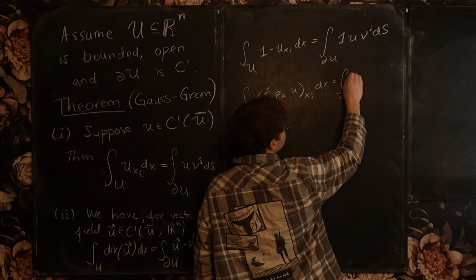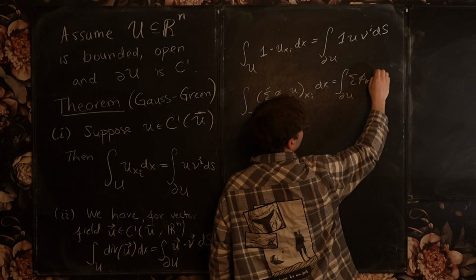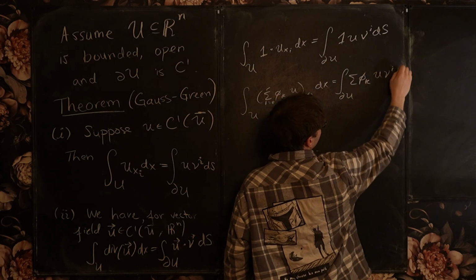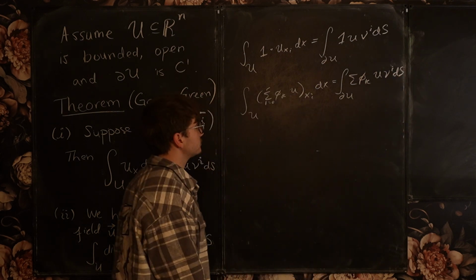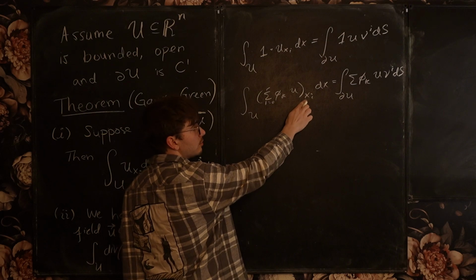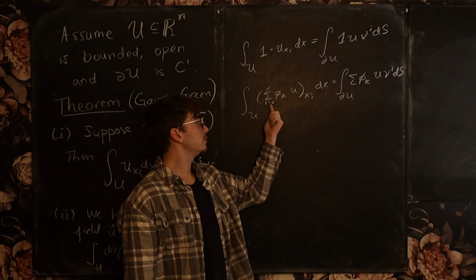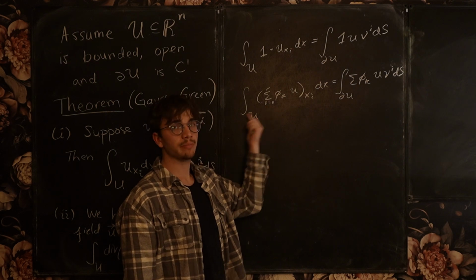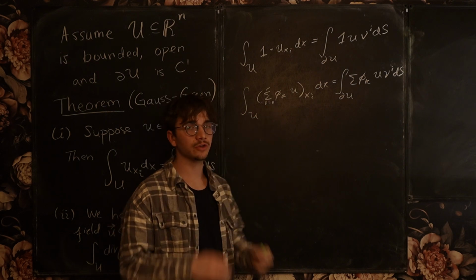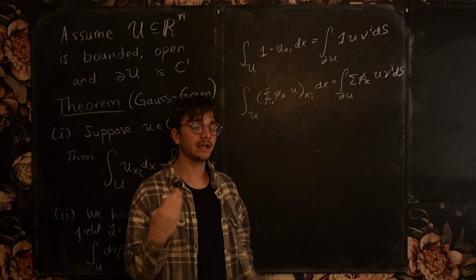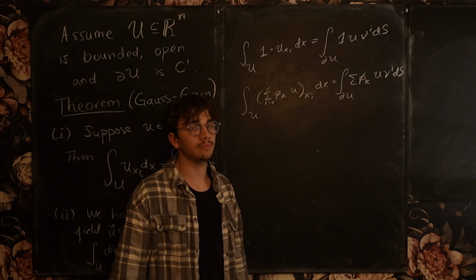And then the partial derivative with respect to x_i is a linear operator, so the sum can be pulled out of the derivative. If I take the derivative of a sum, I can just take the derivative of each term of that sum.